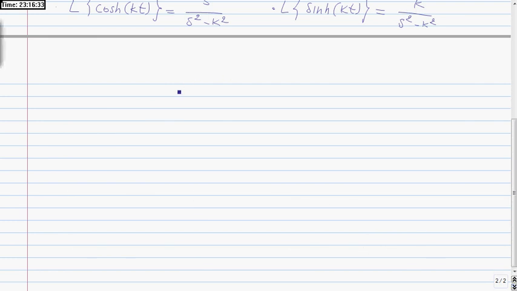Now, the other thing that we need is Laplace of derivatives. For example, if we have a function y of t, let capital Y of s be its Laplace transform.